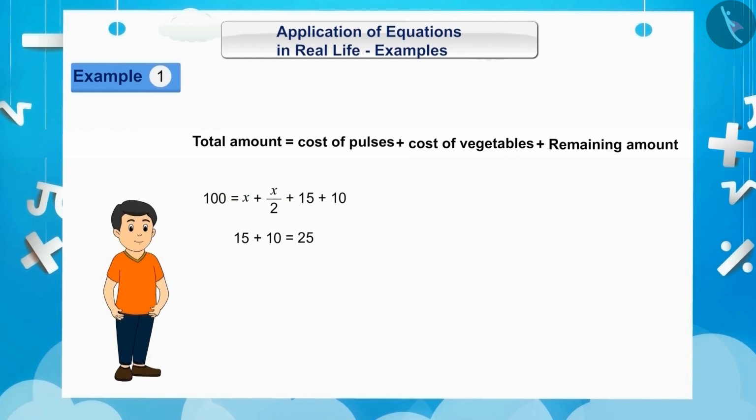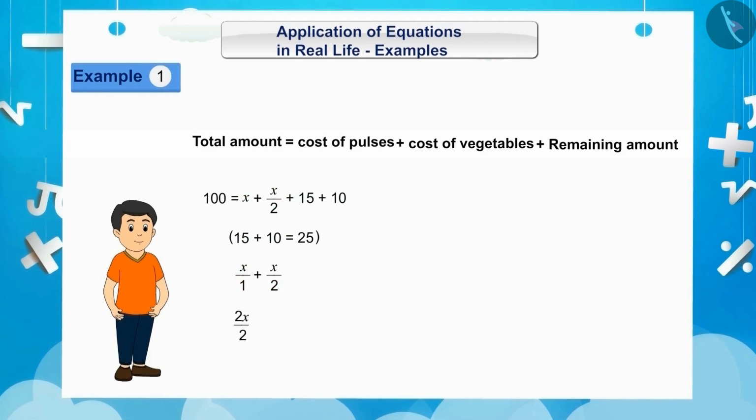15 plus 10 is equal to 25. Now, how do we add X and X by 2? We can show it like this. Take the LCM of 1 and 2 to get 2. Dividing and multiplying X by 1 by 2, we will get 2X by 2.